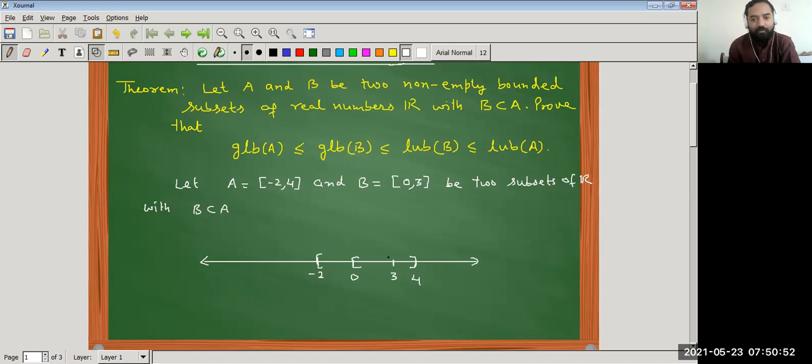So this is our B. Let us denote it with another color so that we can easily differentiate it. This is 0, this is 3. So this is set B.